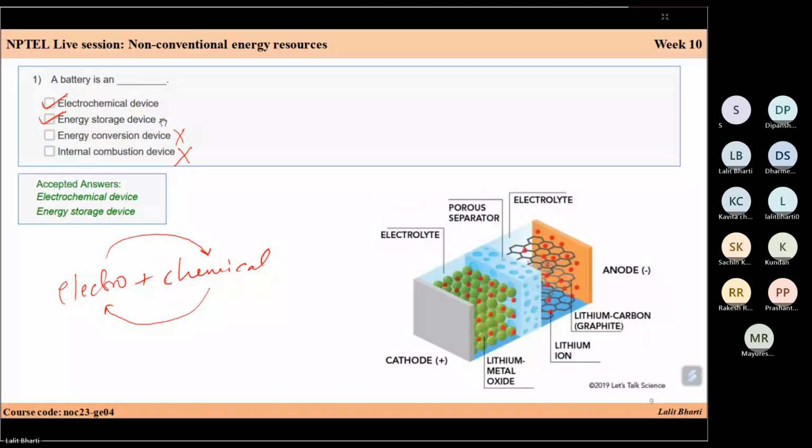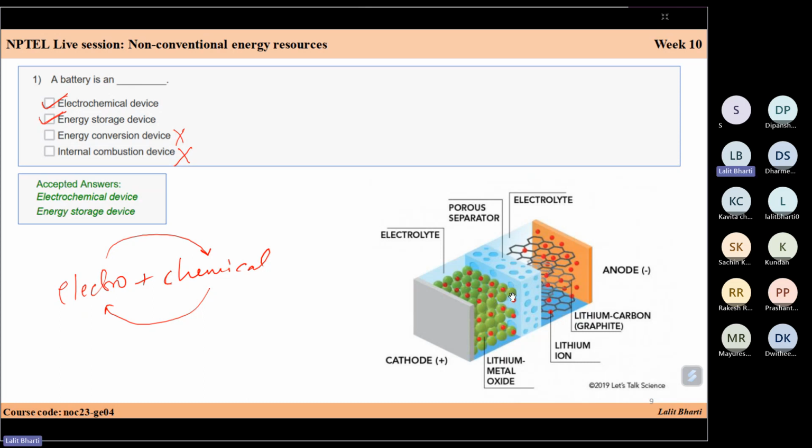Then, it is an electrochemical device. Electrochemical is a term made up of electro and chemical. In a battery, chemical reactions are happening, and electron transfer reactions are also occurring at the same time.